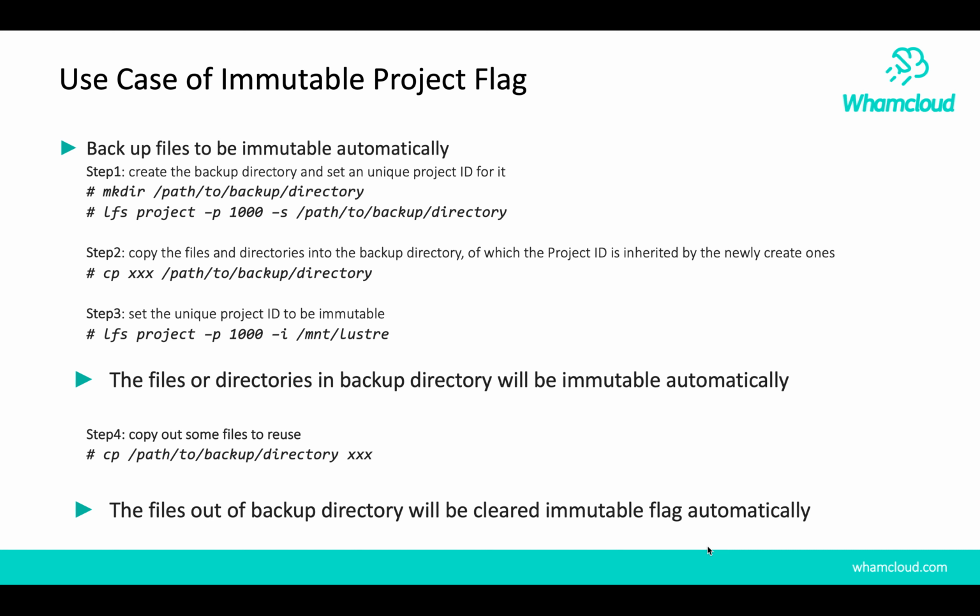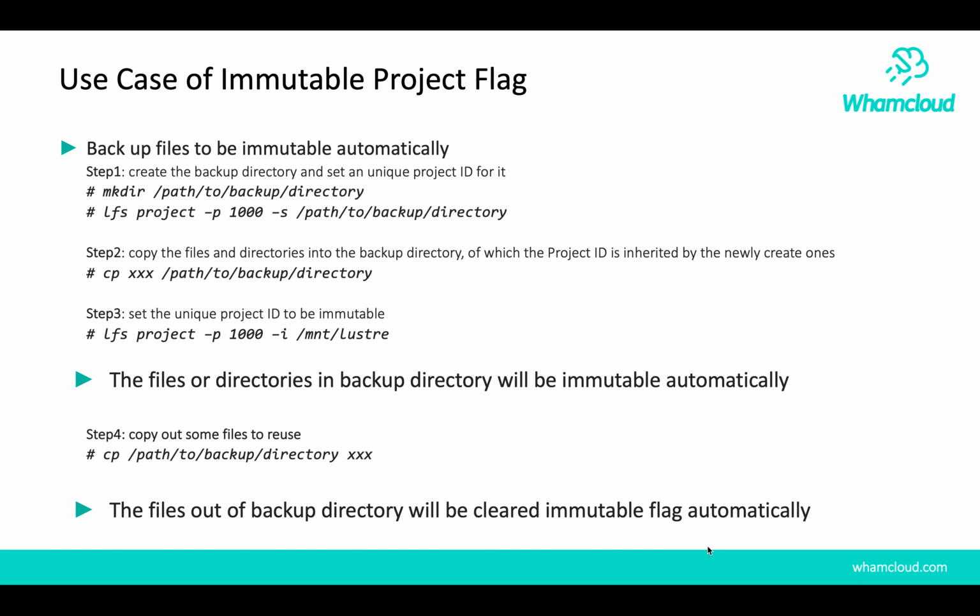Then all the files and subdirectories created in the backup directory will have the same project ID. Step 2. Copy all the files and directories which need to be backed up into the main backup directory. The project ID of the main backup directory will be inherited by the newly created files and subdirectories.